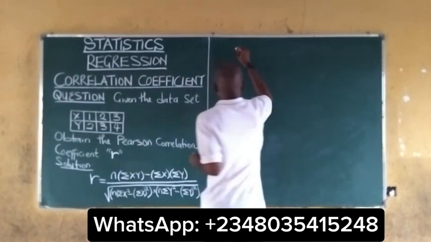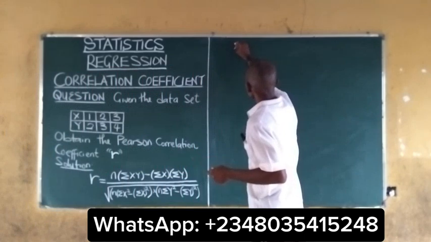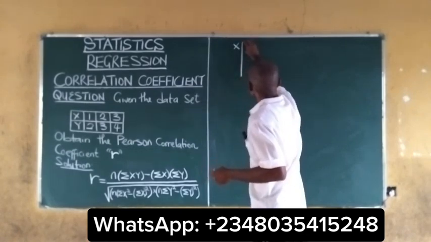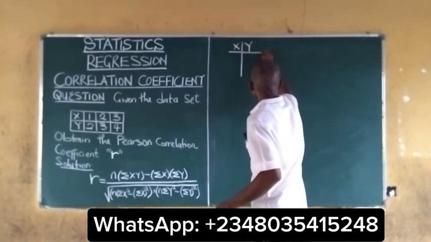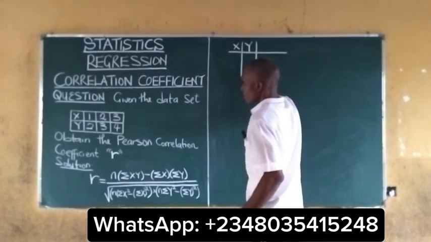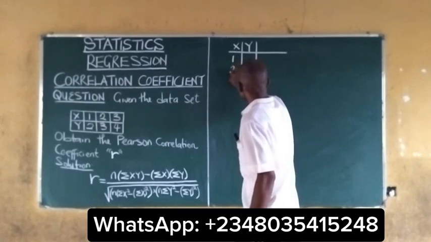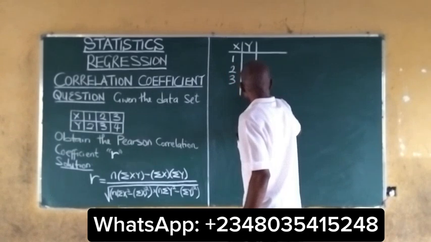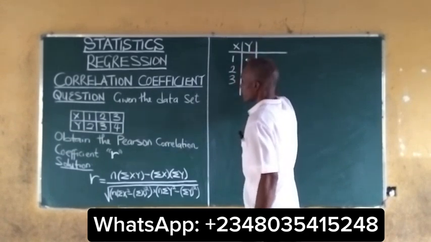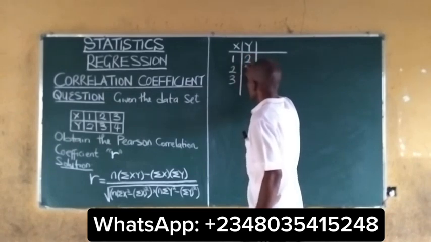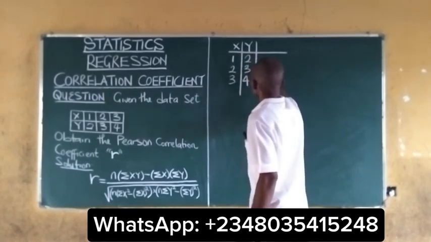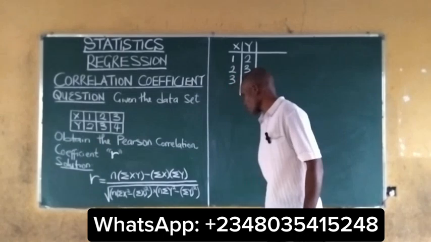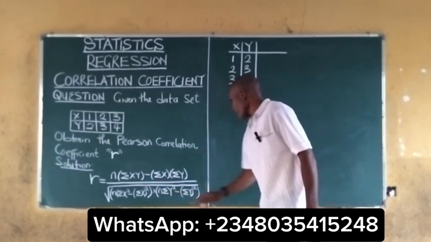The next thing to do is to get our data x and y. The x is 1, 2, and 3, while the y is 2, 3, and 4. The next thing to find from here, you see that we have x squared, we also have y squared.